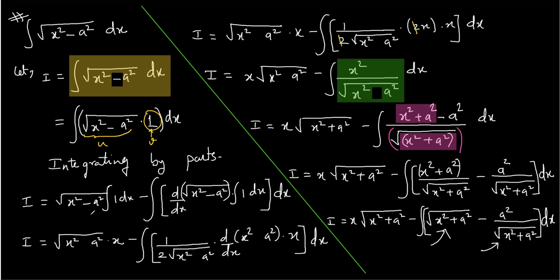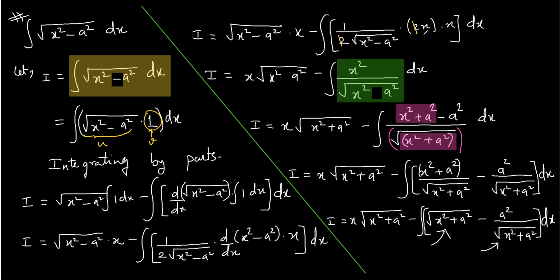See, the integral of 1 dx is x. This remains as it is. Here d by dx of square root of x square minus a square is 1 upon 2 square root of x square minus a square into d by dx of x square minus a square, into x. You will have a negative here. And d by dx of x square minus a square: d by dx of x square is 2x, minus 0, since the derivative of a square is 0.